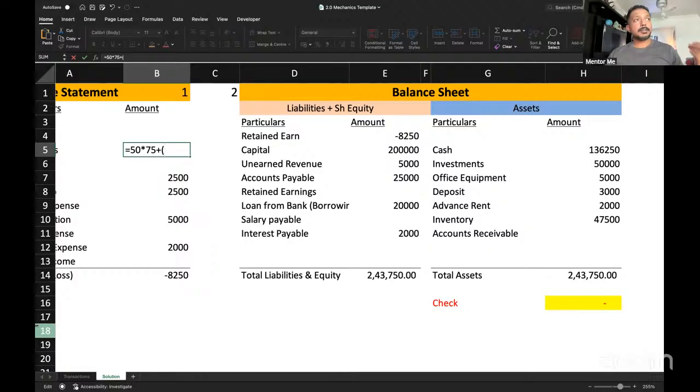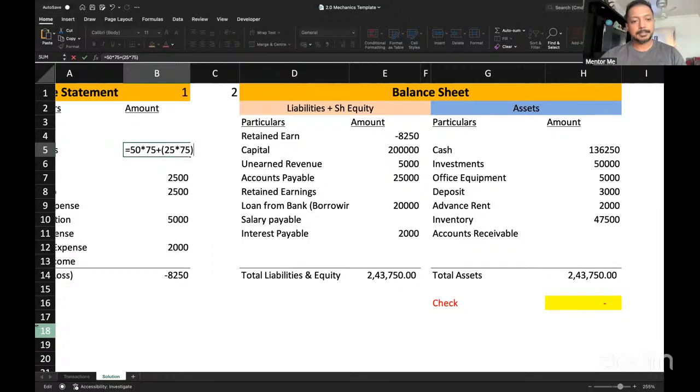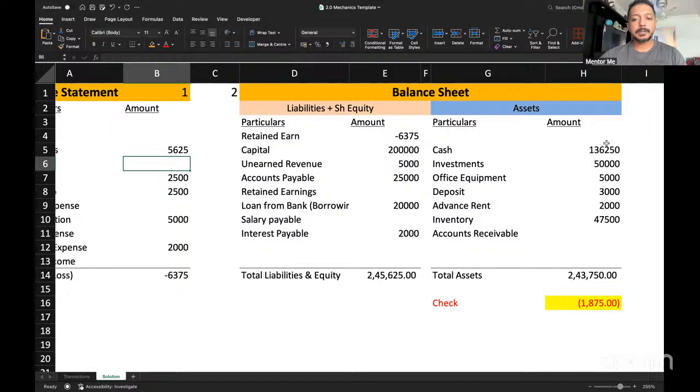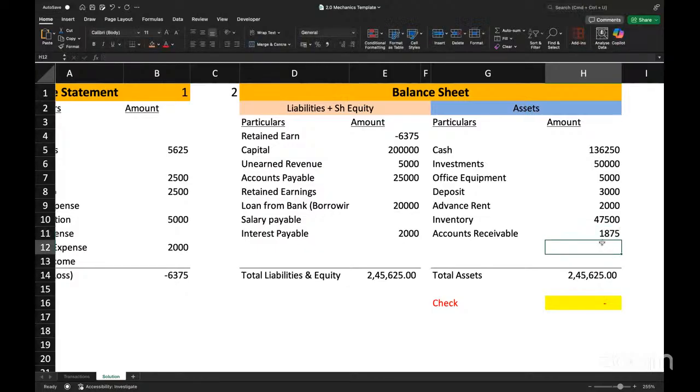The customer is taking the books and gone. Revenue we are recognizing, but again it is receivable. They're not paying cash, otherwise cash would have increased. Accounts receivable column. So we will update 25 into 75 here.